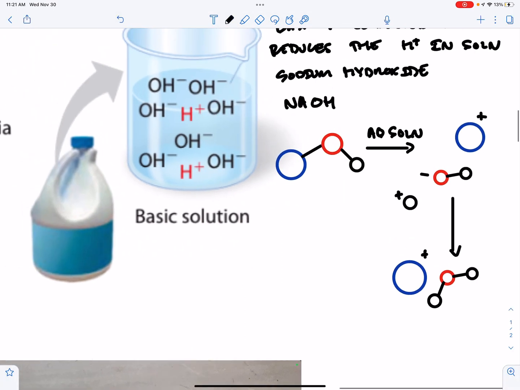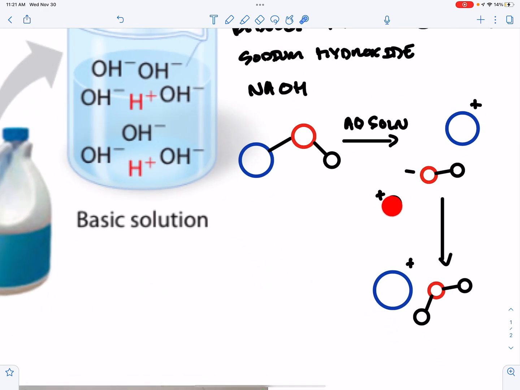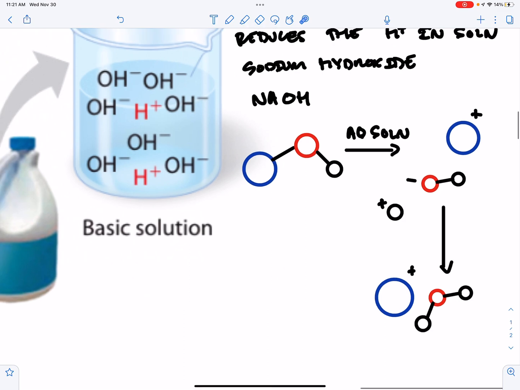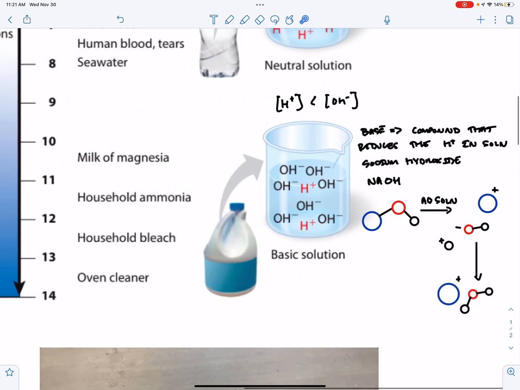Okay, so in this way, this strong base, sodium hydroxide, is kind of sucking up the free hydrogen in solution and overall reducing the amount of hydrogen ion relative to hydroxide ion.